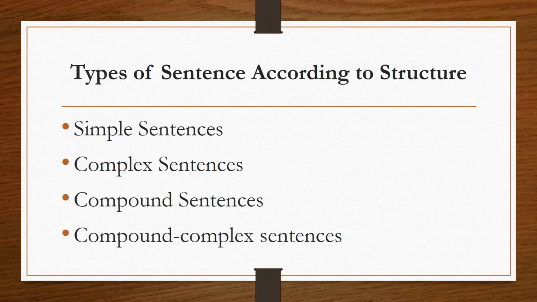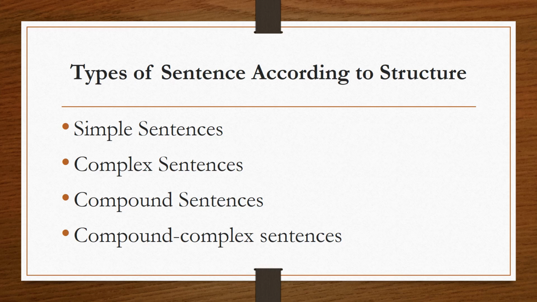Right, maybe before I come to the advanced one, I simply want to show you the types of sentences that we have. Remember, sentences are classified according to different criteria, for instance, according to function and so on. But my focus is according to the structure, right?